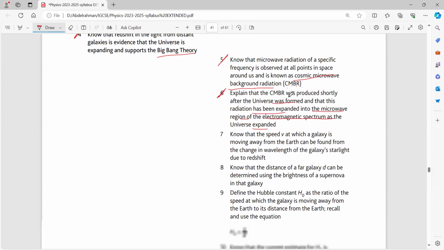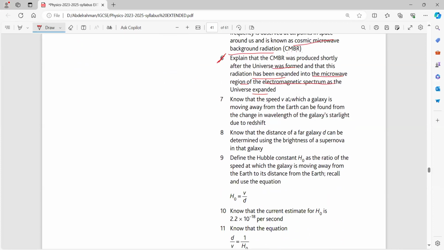Know that the speed at which a galaxy is moving away from the Earth can be found from the change in wavelength, and we need to memorize this. The speed at which the galaxy is moving away can be found using the change in wavelength of the galaxy's starlight due to redshift.